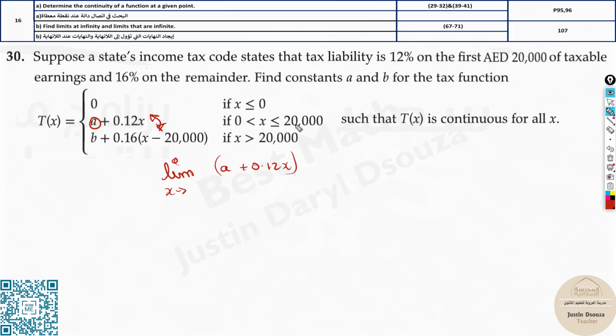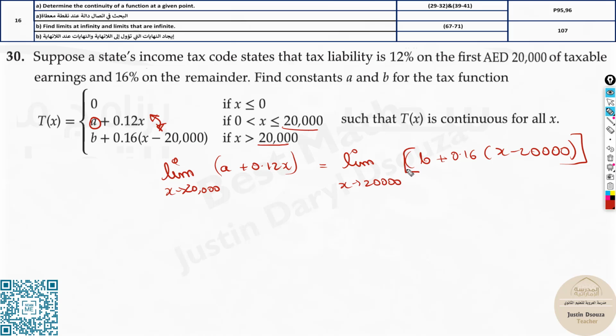It's not 0, it's 20,000. See, we are going to use x value of 20,000 for both. It's 20,000. That will be equal to the limit as x tends to, again, 20,000. And over here we have b plus 0.16 times x minus 20,000. So I'll use the big brackets here just for indication.